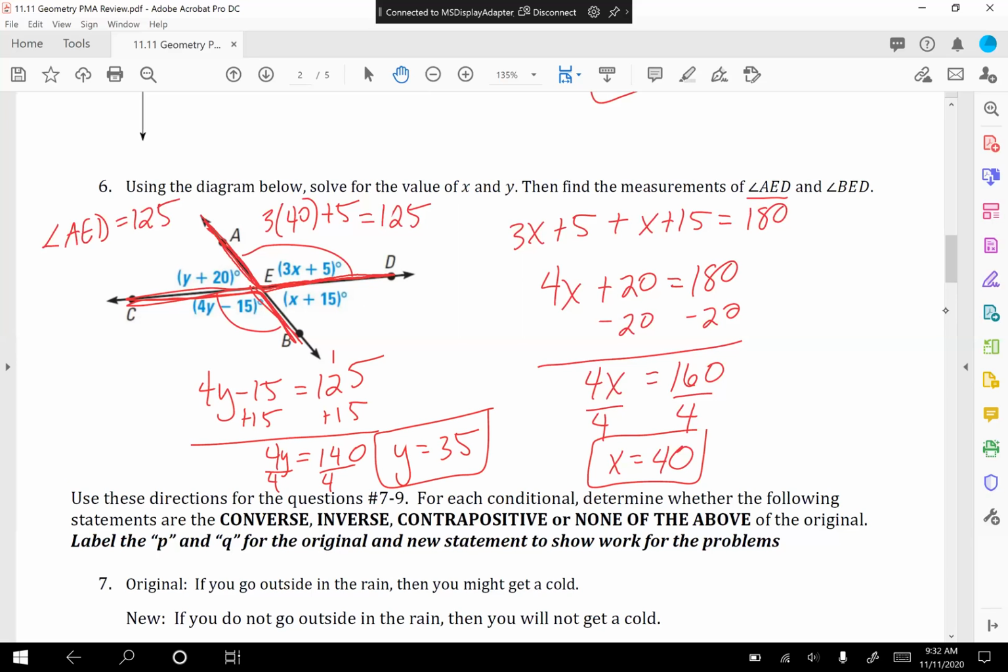We already found AED. Now BED is this guy over here. I'm drawing the squiggly line on that one. BED is this one, this x plus 15. So we'll just plug in. So x was 40 plus 15.